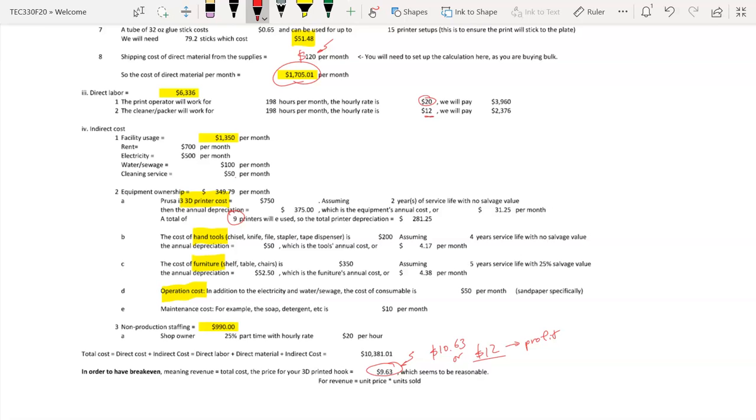I encourage you to play around with the two models and see if you understand them. For the project itself, we'll give you two more scenarios: one is 3 parts, and the other one is a single part using ABS. You are asked to derive the financial model and tell me how much it will cost, the minimum cost, and how much you need to sell your product for. All right.